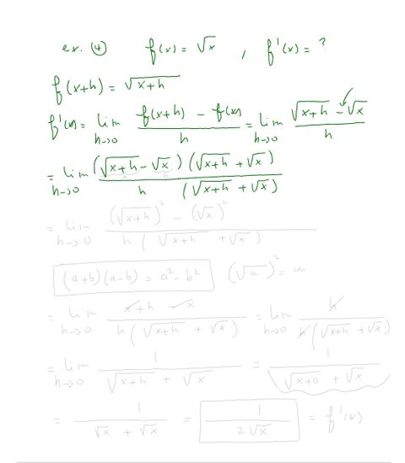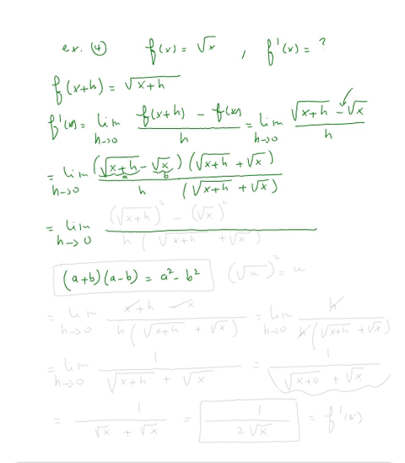Now why do we do this? Because we're trying to use this identity. The identity is a plus b times a minus b is equal to a squared minus b squared. So therefore, this is your a, this is your b.